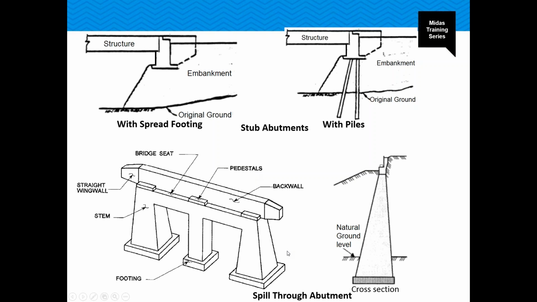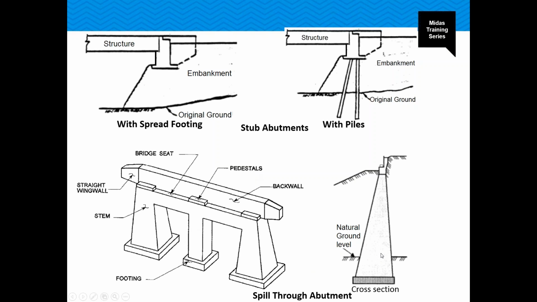Moving to the third type, which is spill through or pedestal type. Spill through abutments are short stub abutments which are supported on multiple stems. The pedestals or stems will be extending below the ground level.